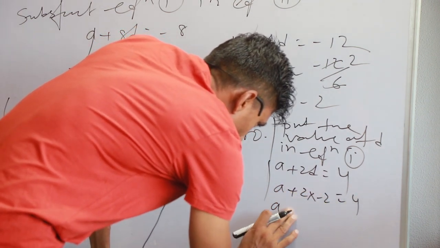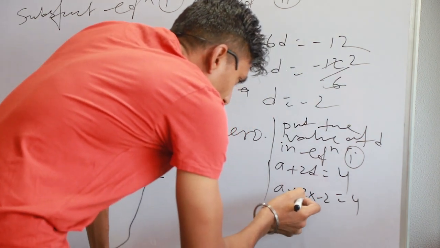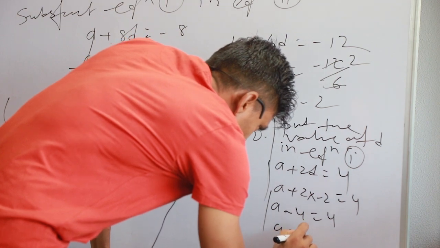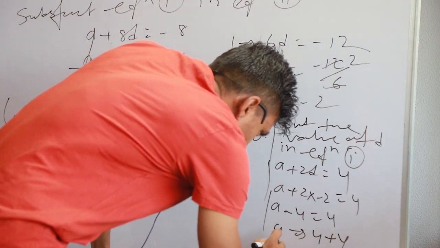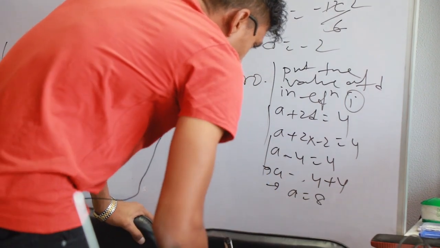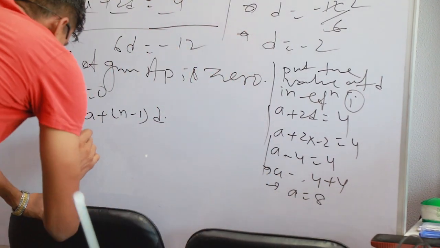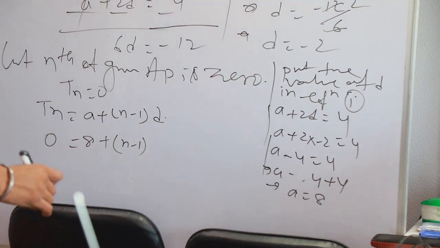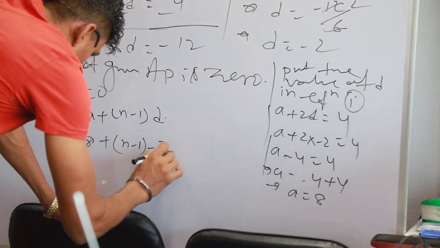A minus 4 equal to 4. Here A equal to how much? 4 plus 4. That means the value of A is 8. A equal to 8. So we have to write here 8 plus n minus 1. What is the value of D? That is minus 2. So we write here minus 2.